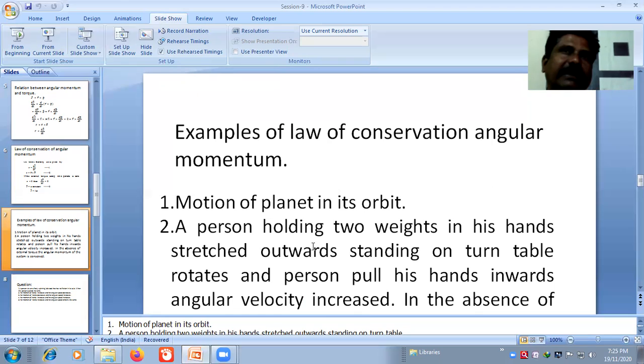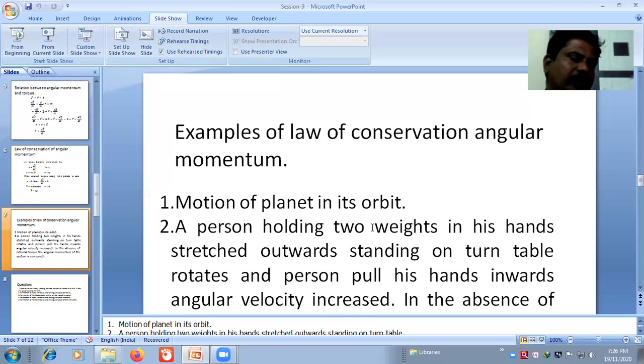Why does the rotation increase? The total mass of the system remains constant, but when he drops his hands, the distance of the dumbbells from the axis of rotation gets reduced, that is, R gets reduced. The moment of inertia is I equals mR square, so when he drops his hands, the value of R decreases. Correspondingly, the moment of inertia of the system decreases.